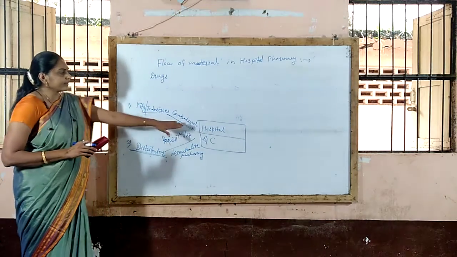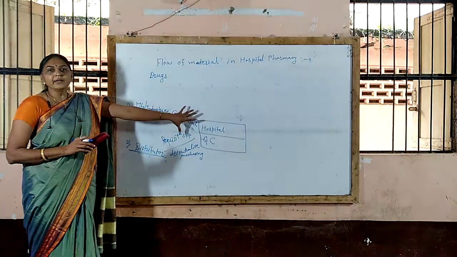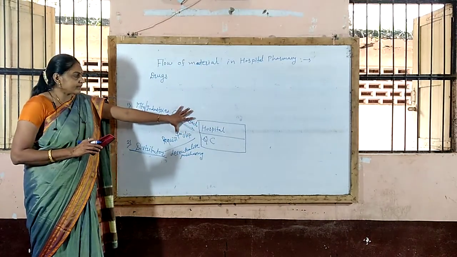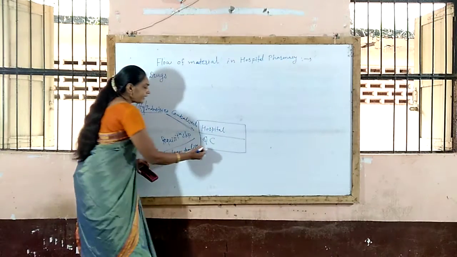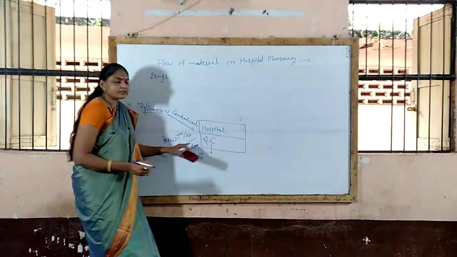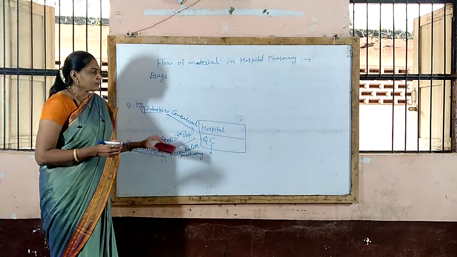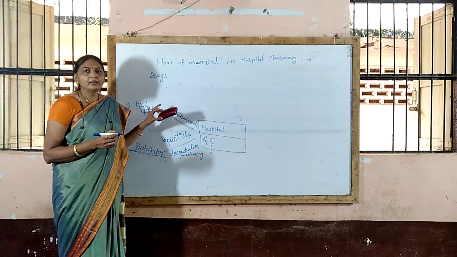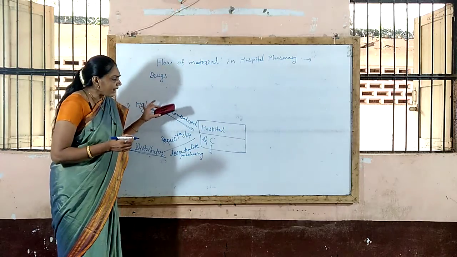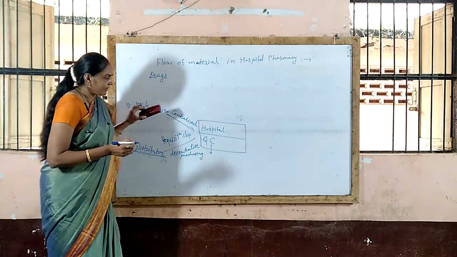After receiving the drug, the record of the drug must be maintained. After recording, a quality control test of the drug must be carried out inside the hospital if the facility is available, otherwise by a central laboratory.